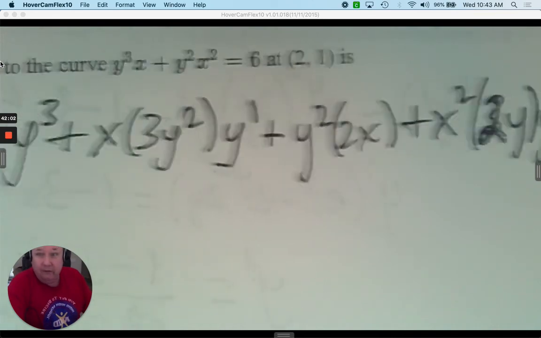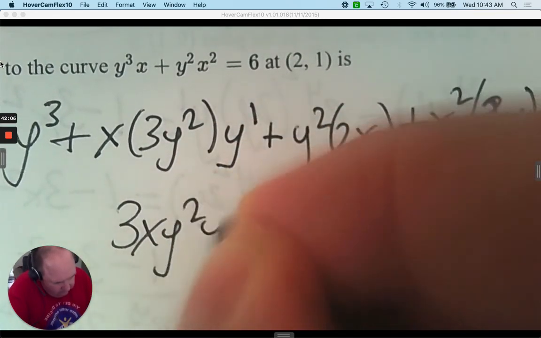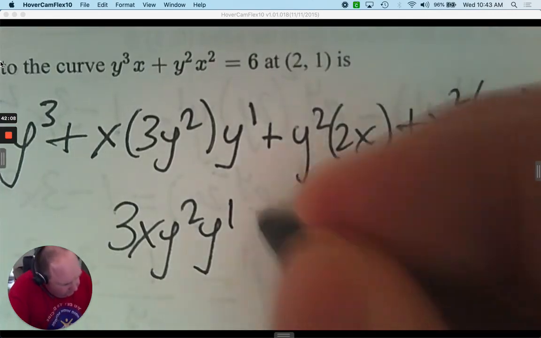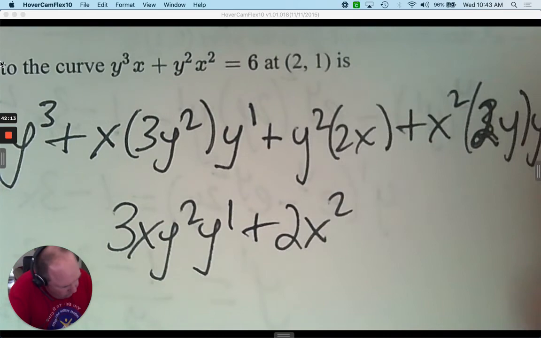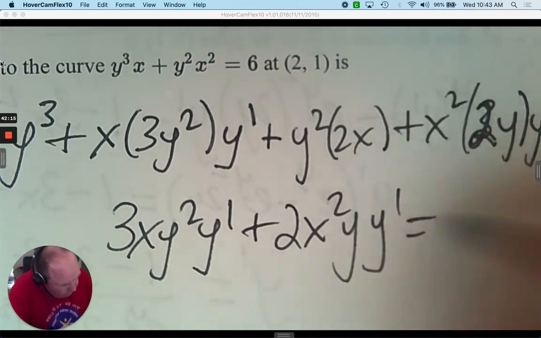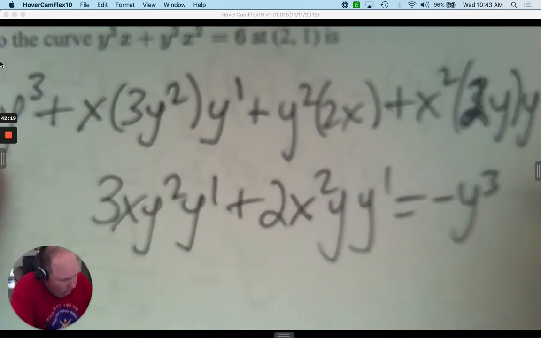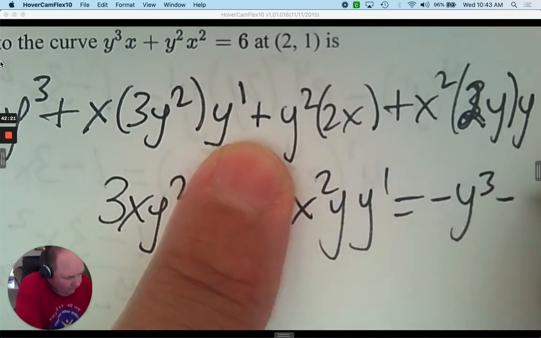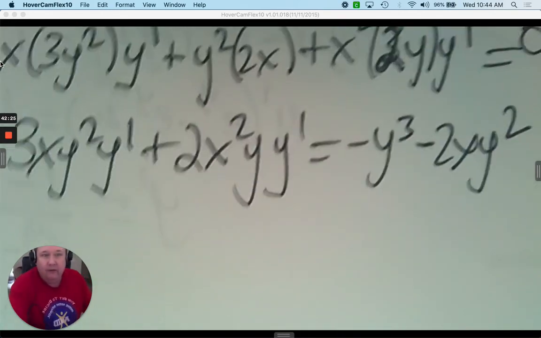So now this is what I'm going to clean up. So combine like terms. Keep the y primes together. Subtract y cubed. And subtract 2xy squared. So they're now on the other side.